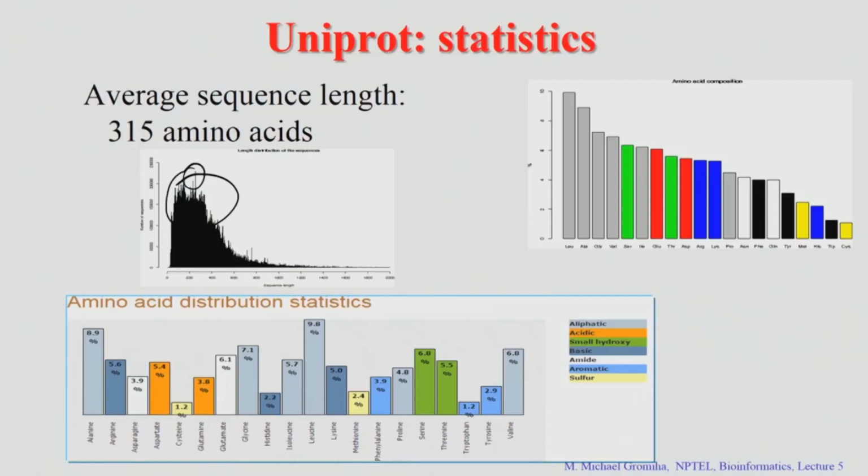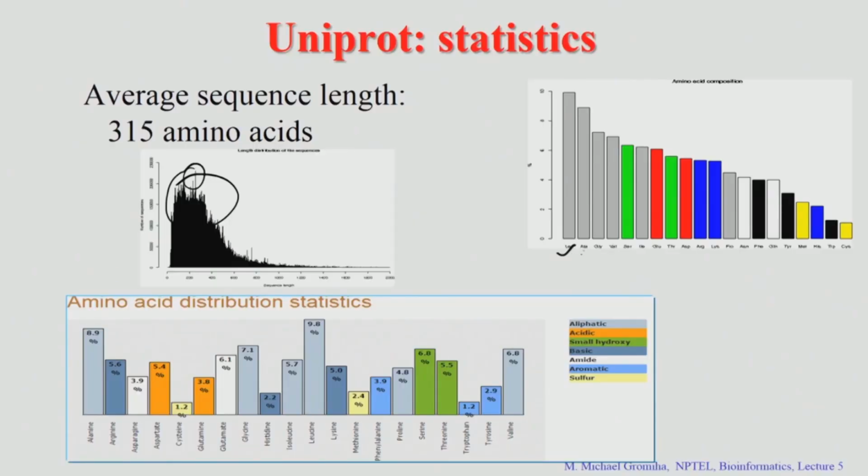This data shows the gradual decrease, and here it is classified based on the different groups, right. If you see, there are some amino acid residues which are highly occurring in protein sequences, right. What residues occur dominantly in protein sequences? Leucine, alanine, glycine, right. So, these are the residues which occur predominantly in protein sequences.